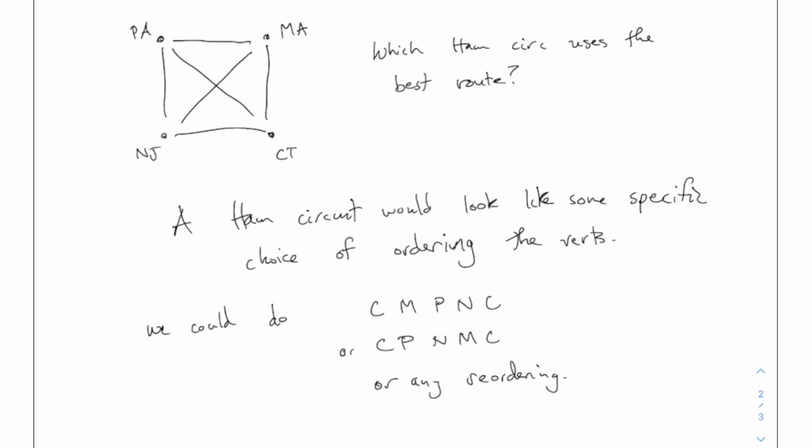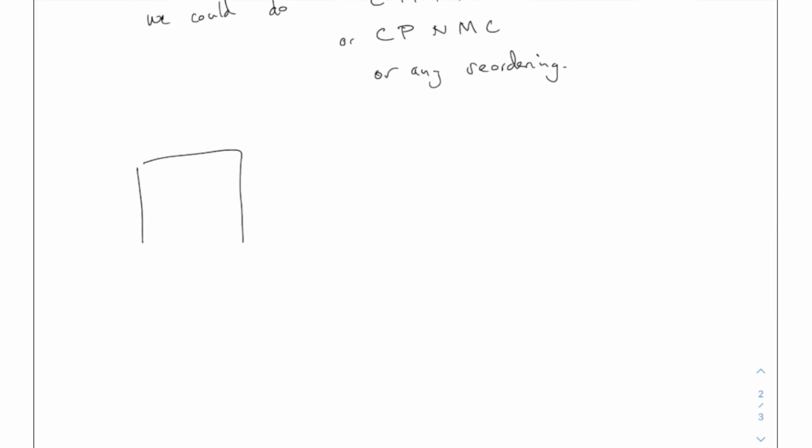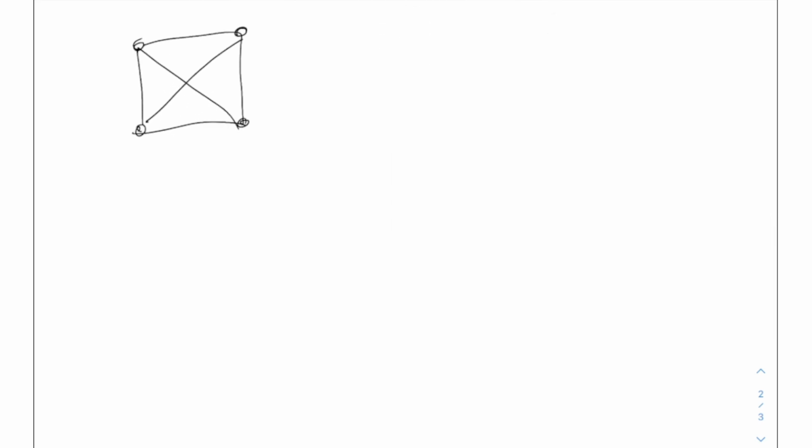Can we talk about how many Hamilton circuits there would be in this graph? Let's say that I have this graph here. Maybe I'll call them A, B, C, D here.